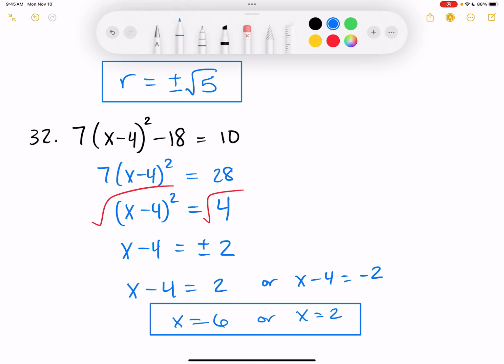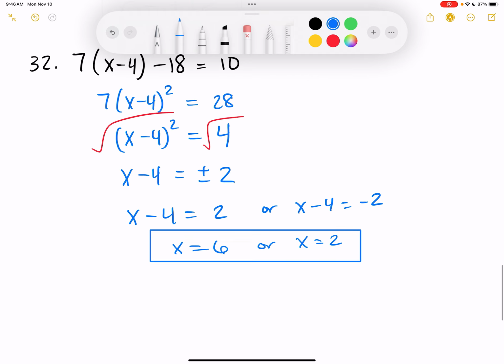You would be thoroughly sad if you had done the perfect square trinomial on this, because then you would have had to redo it, since you can't solve it otherwise. So always pay attention first to what it's asking you before you just start doing a problem, so that you don't end up doing something you're going to have to undo later.